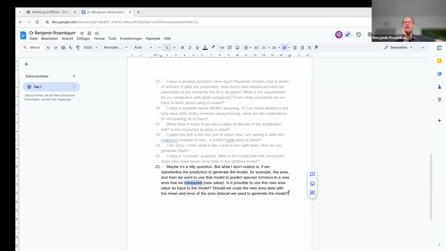Oh yeah, that's a good point. If you scale your predictors, you can only make predictions with the predictors on that scale. This is true.